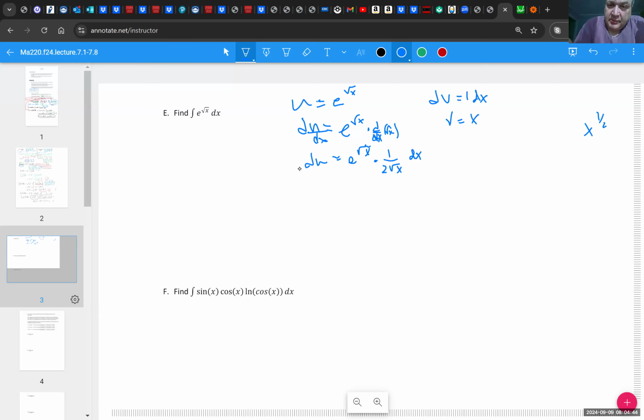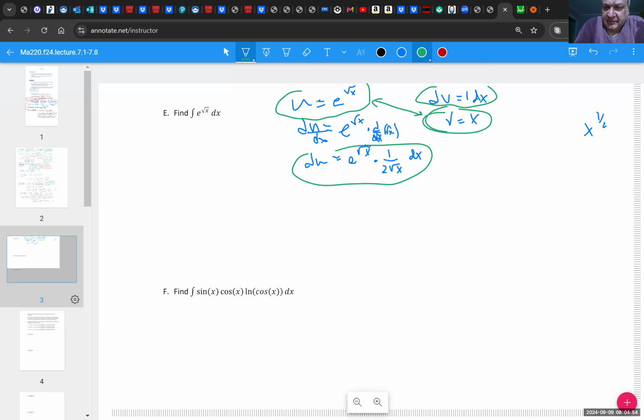All right, so we're going to do the integral of u dv is equal to uv, these guys multiplied, minus the integral of v du. And you may notice already that this is not necessarily getting simpler. So my formula: integral of u dv is uv minus integral of v du. My u is e to the root x.